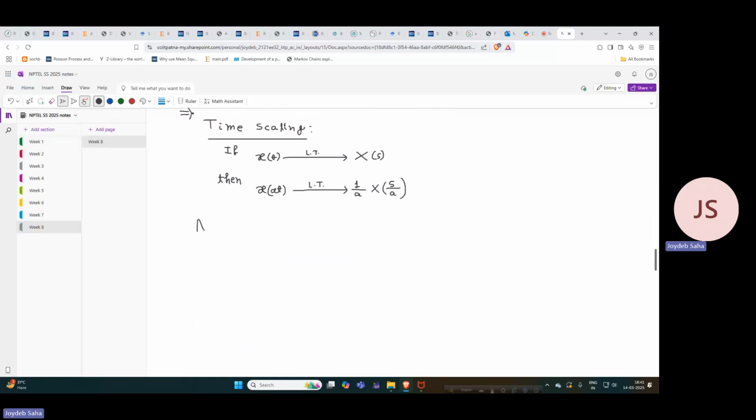Now we know that u(t), its Laplace transform is 1 upon s.